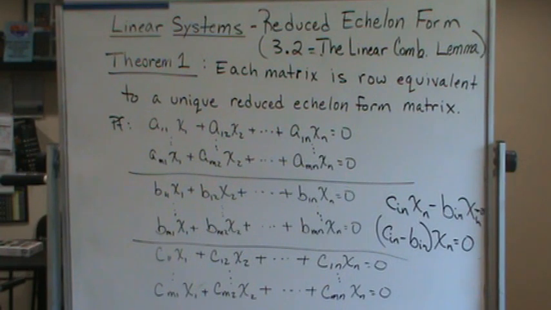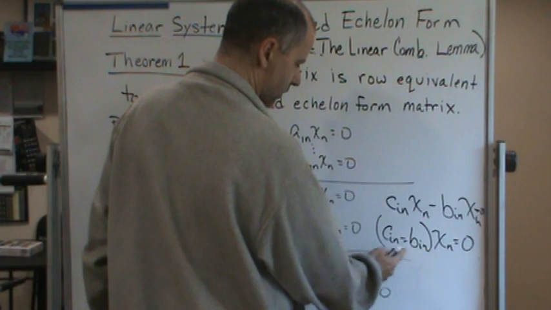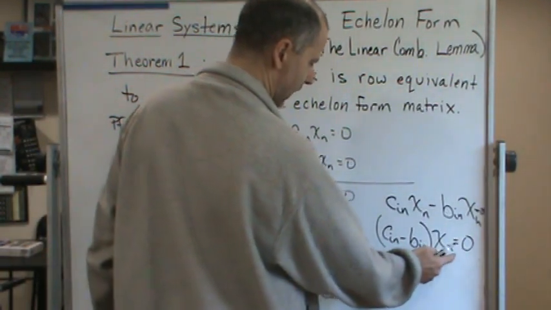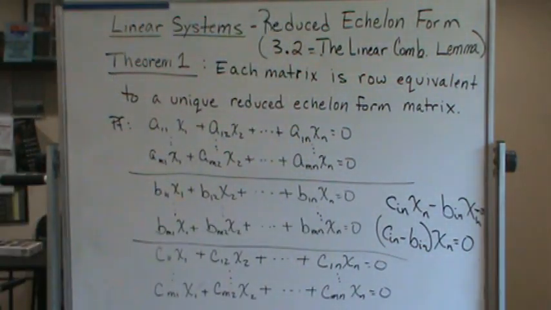Now, we can use the zero product principle. It's obvious that we have a problem here because we've already assumed that the coefficients are not equal, right? So these two coefficients are not equal, so that means x sub n has to be 0.